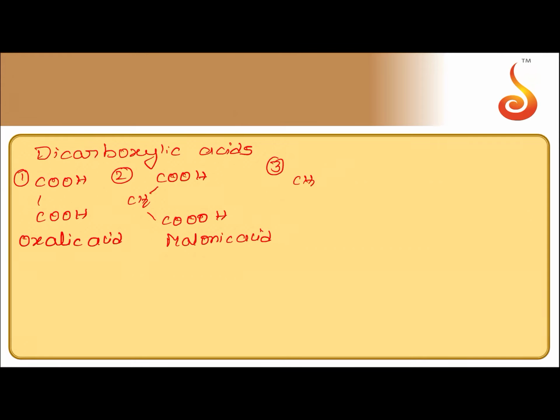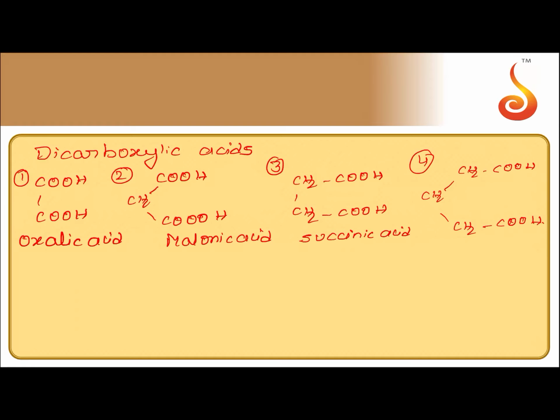Now let us take one more compound. This compound is succinic acid. Now another compound. This is the fourth compound. The name of the compound is glutaric acid.